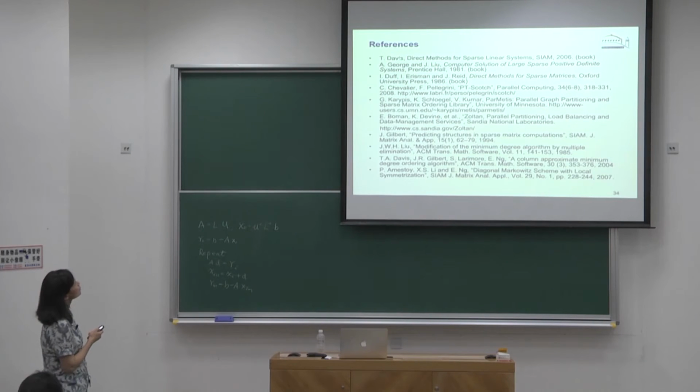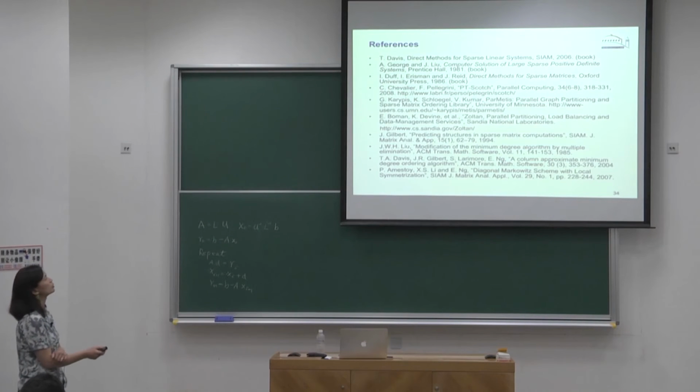And this is a relatively recent book published by SIAM, a Tim Davis book. He uses his code, the CSparse code, as a base toolbox to go through all the chapters. The exercises are based on it, so you can do all the problems and algorithms using his code. It's like in MATLAB, you can play with it. So that's very good for hands-on learning if you want to learn this.